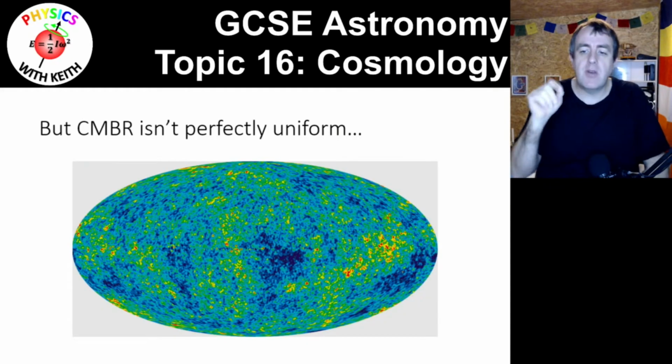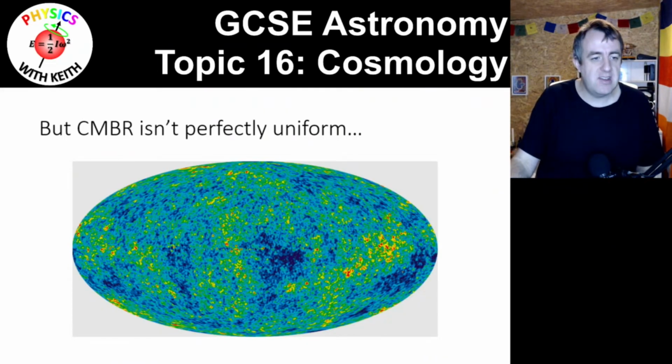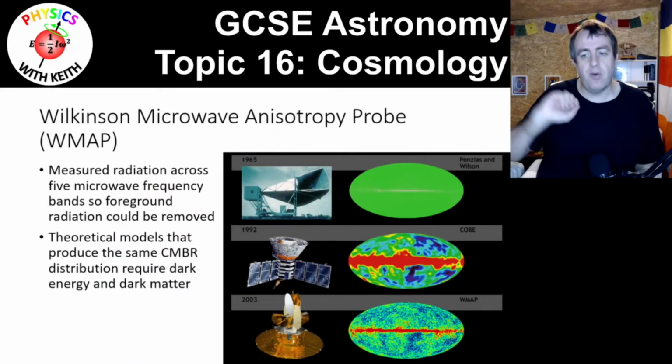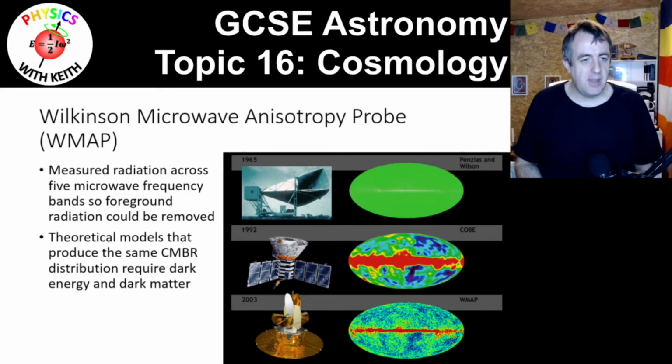Now, when cosmic microwave background radiation was first detected, it was detected almost uniform across the sky. This was back when we invented radar during the Second World War, and then we noticed this background microwave radiation, and we thought that was interesting.